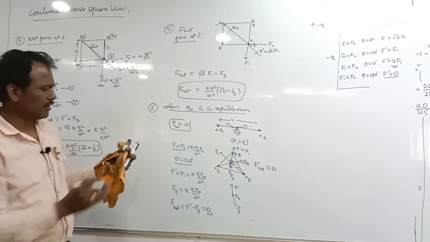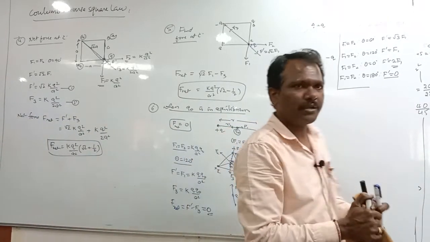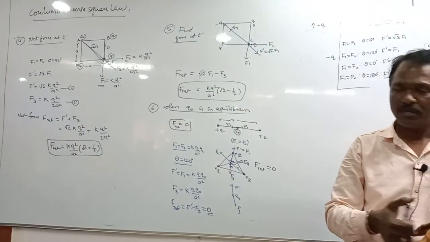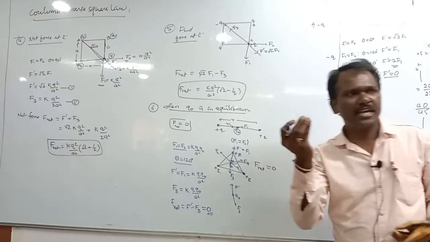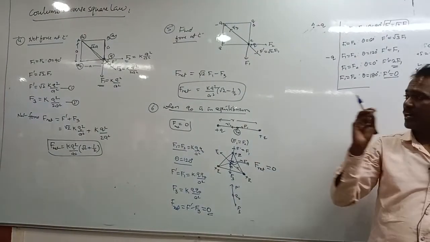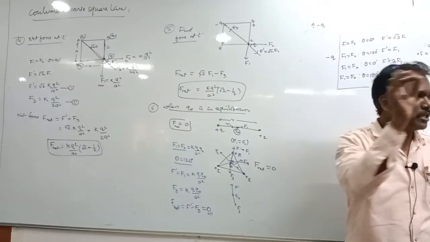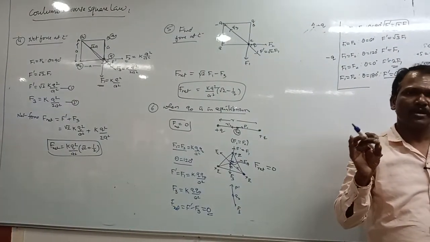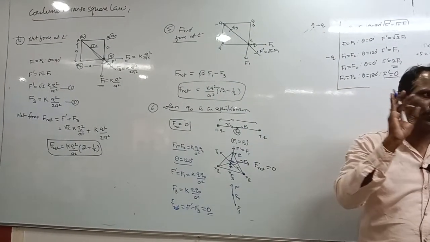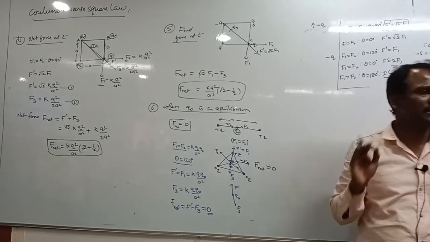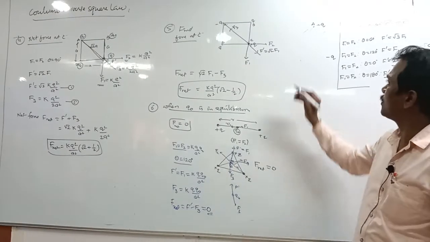Okay. If there are more than 3 charges, and we keep any charge at equal distance from all the charges, then equal and opposite forces will act on it, and the resultant force we can write as 0.